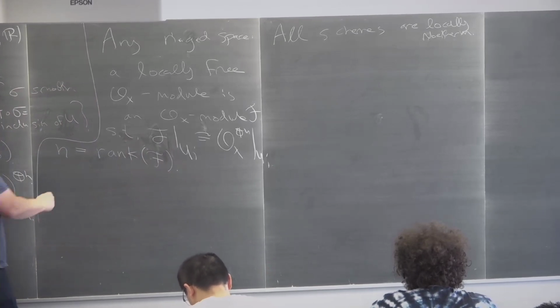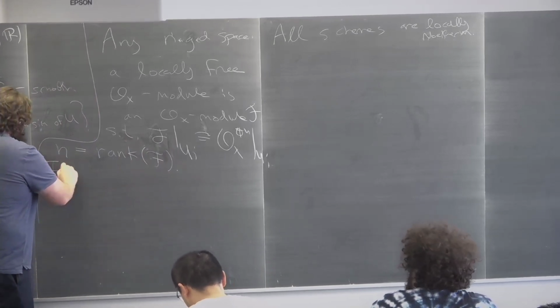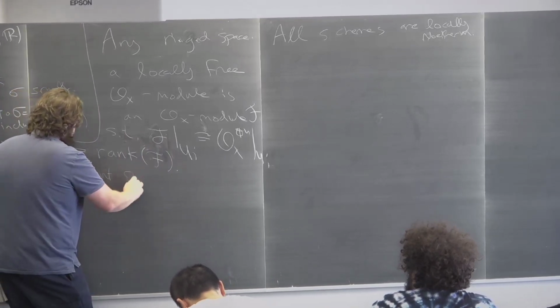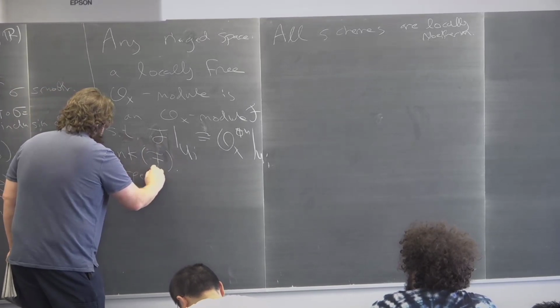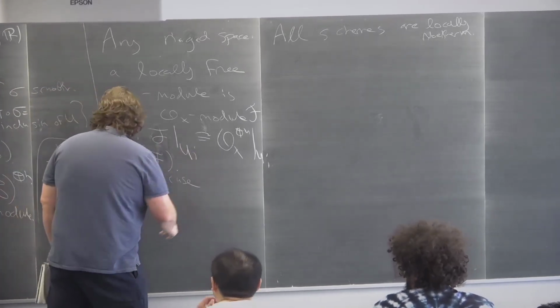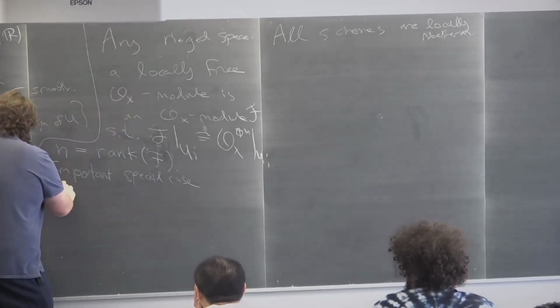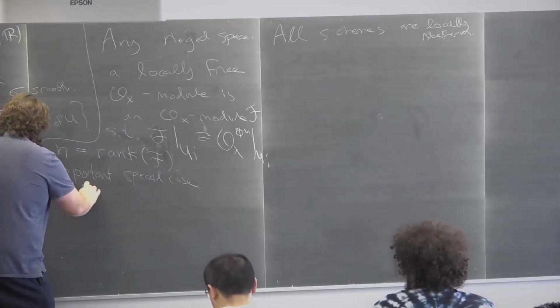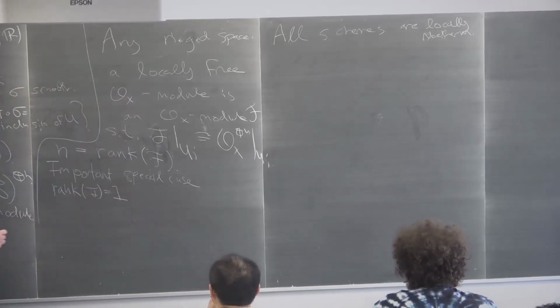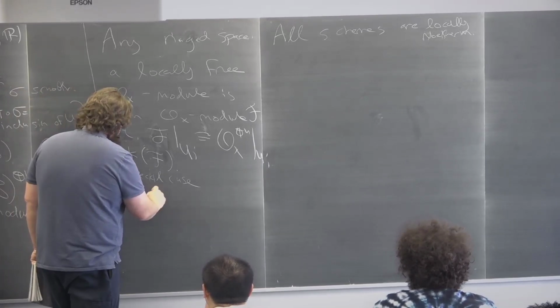An important special case is if the rank of F is 1, then we will call this guy an invertible sheaf.